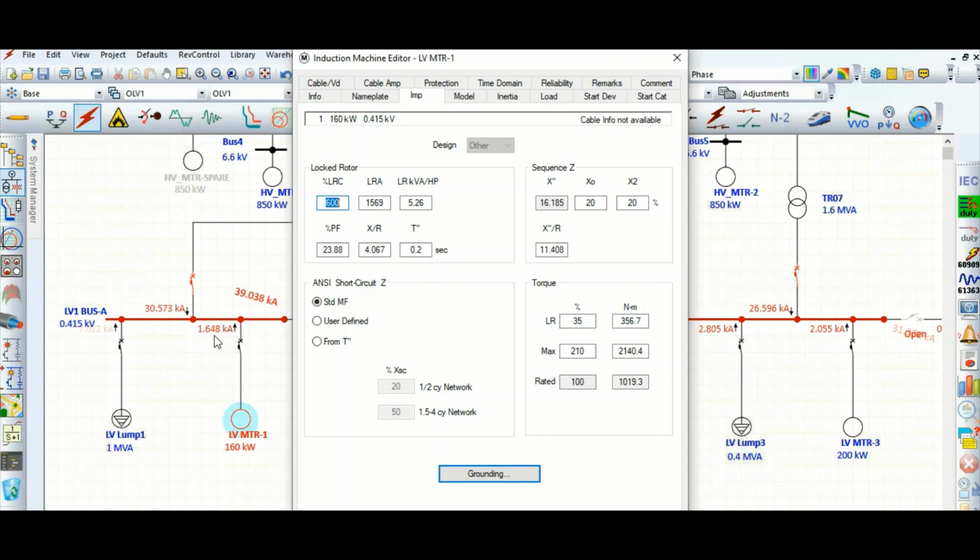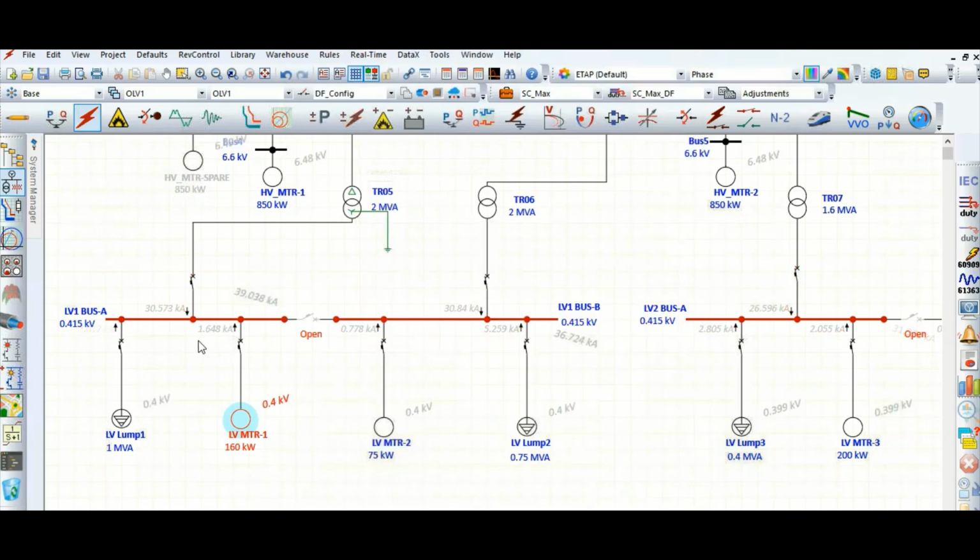So now if we change this, instead of 600%, if the motor locked rotor current is 800%, let's see what happens. Click OK. I have just changed this locked rotor current. Previously it was 1.648 kA corresponding to 600% locked rotor current.